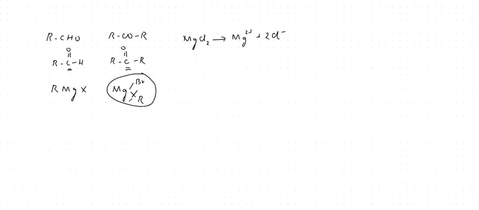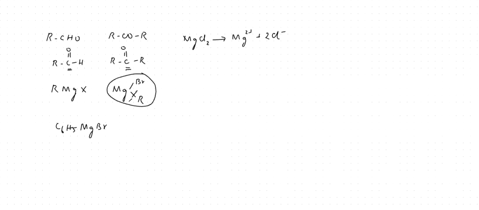So what happens now? Suppose I take C6H5 Mg bromine. So in the place of R, a phenyl group is attached, and in the place of X, a bromine is attached.